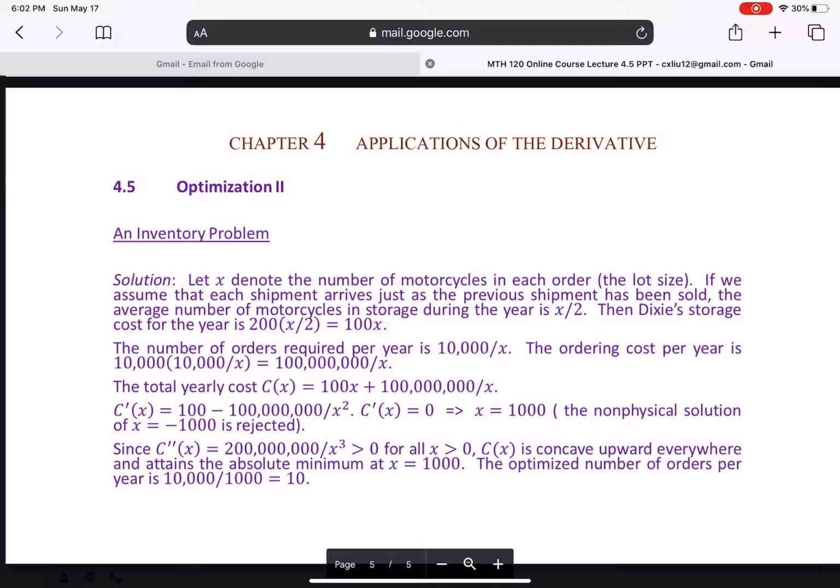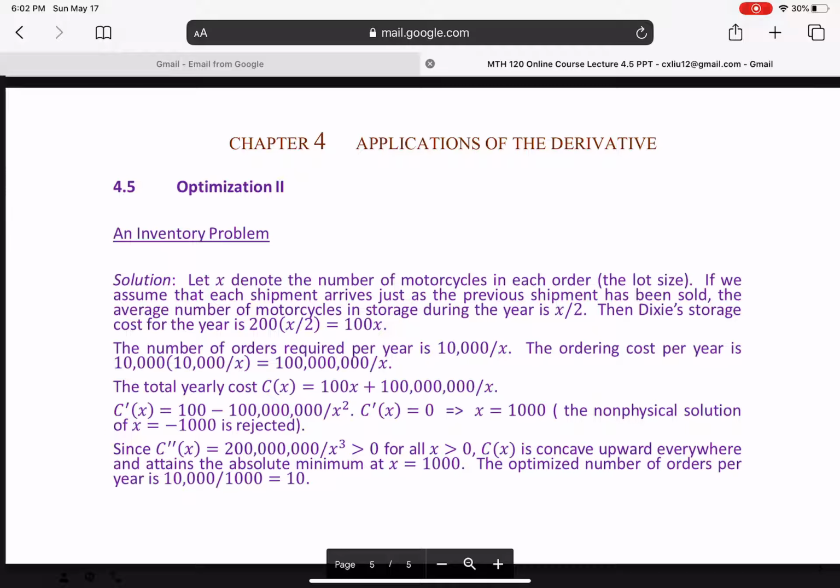Take the second derivative of the total cost, we get 200 million over x cubed, since x has to be positive. So this C double prime is always positive. That means the total cost C is concave upward everywhere, and so we obtain an absolute minimum at x equal to 1,000. So the optimal number of orders per year is just 10,000 over 1,000 equals 10.